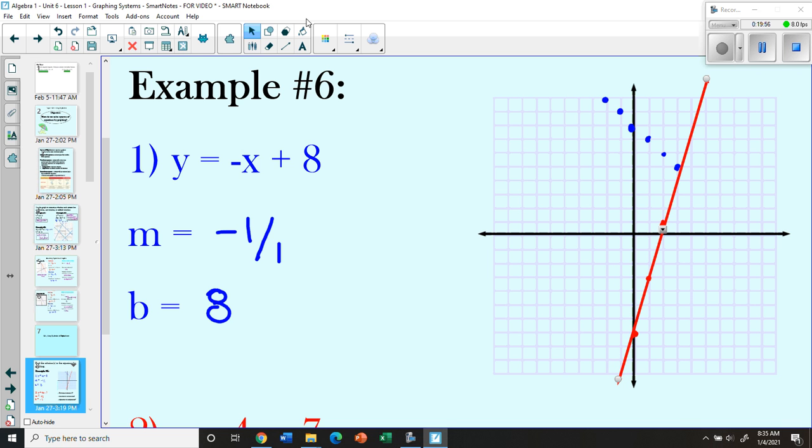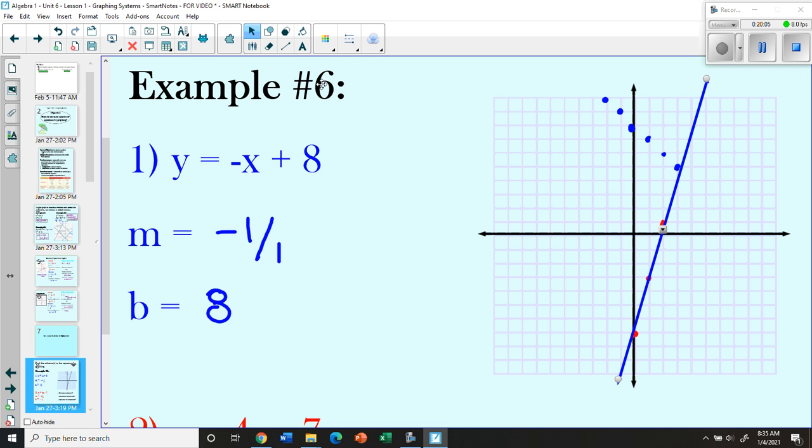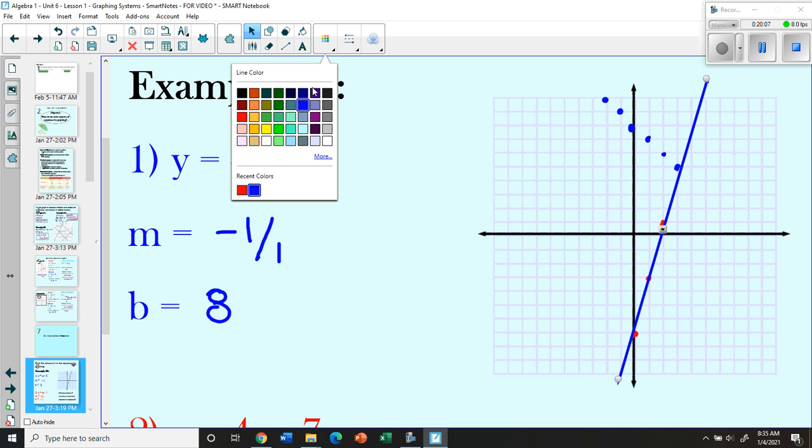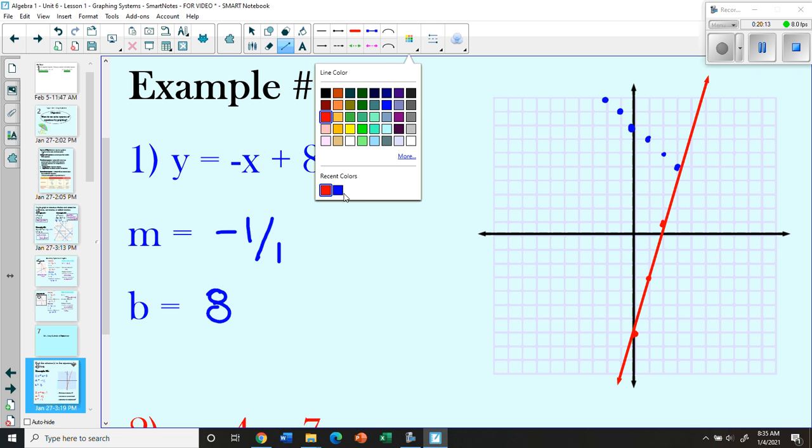Make sure it lines up, and then the blue line, oops, let me do that again. Go back to that, and then choose the line again. Okay, so that's good, and then blue. All right.